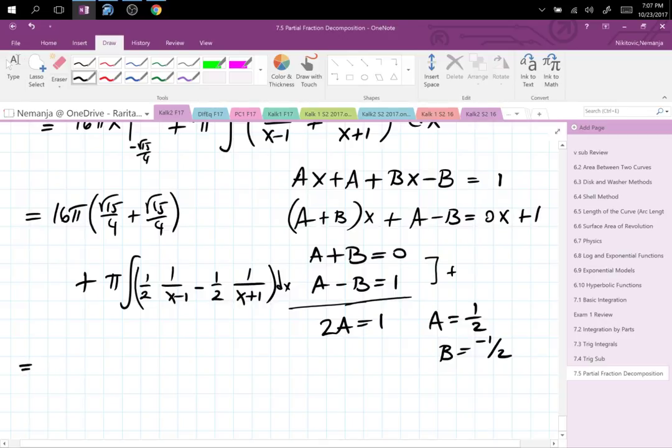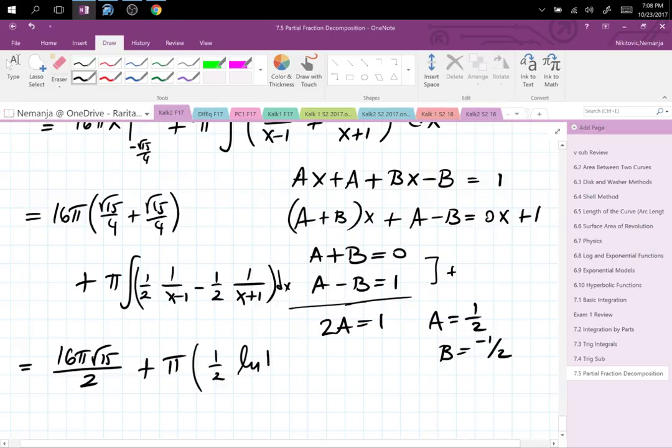So this is 2. So we have 16 pi root 15 divided by 2 plus pi, and now integral inside.